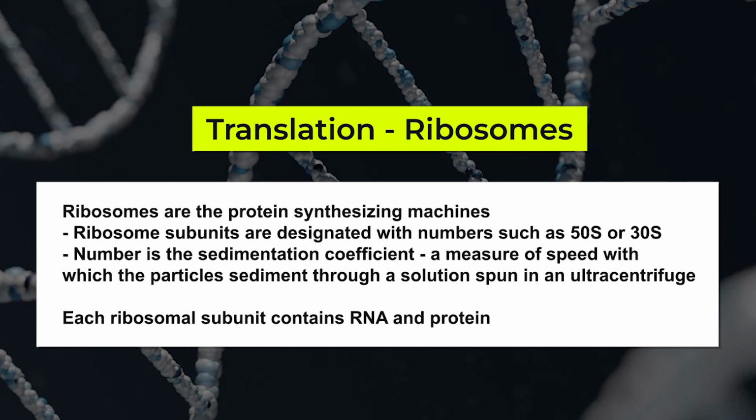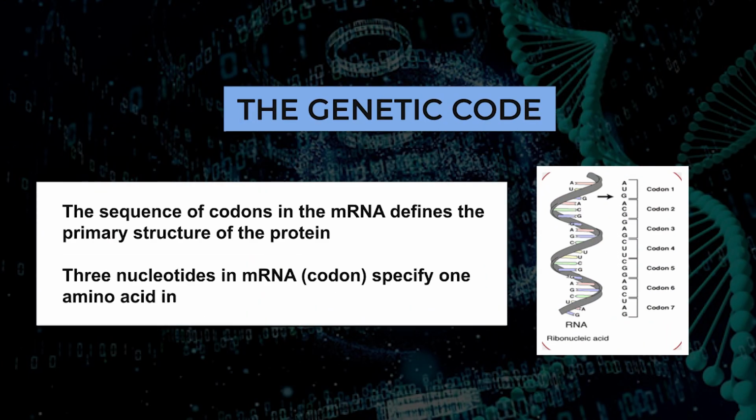In the prokaryote it is the 50s and 30s subunits, and in eukaryote it is the 60s and 40s subunits.